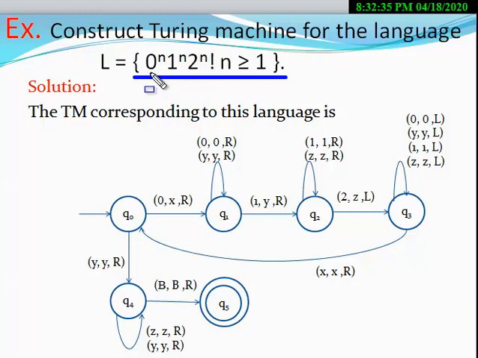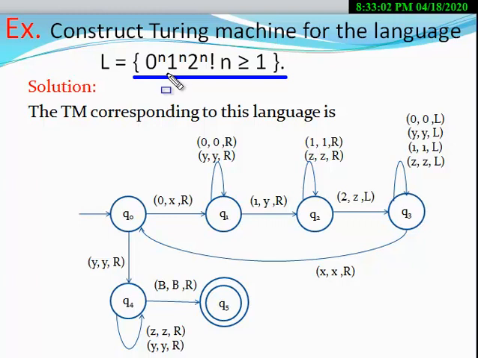Initially the machine starts from the Q0 state. When 0 appears, 0 is replaced by some tape symbol, let that be X. Now the machine moves in the right direction till 1 appears in the tape string.